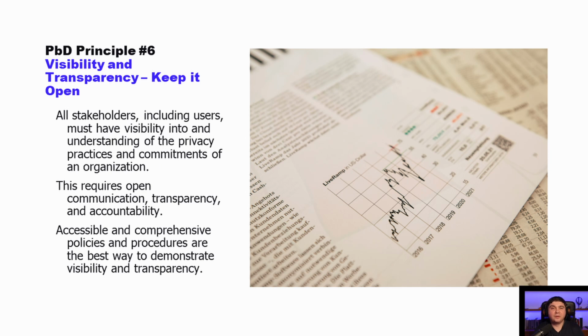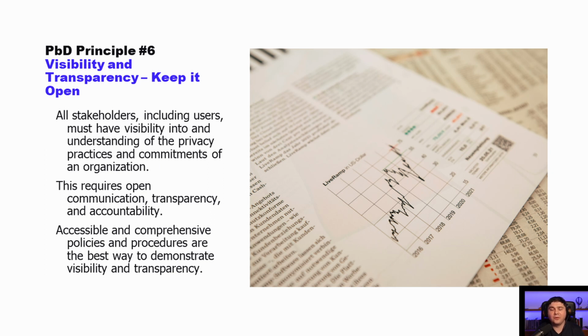Sixth principle, visibility and transparency, keeping it open. This specific principle means that the data controller should be fully transparent and accountable with their privacy policies towards the end users. This means that they should be communicated, they should be open and available to those who are interested in them.